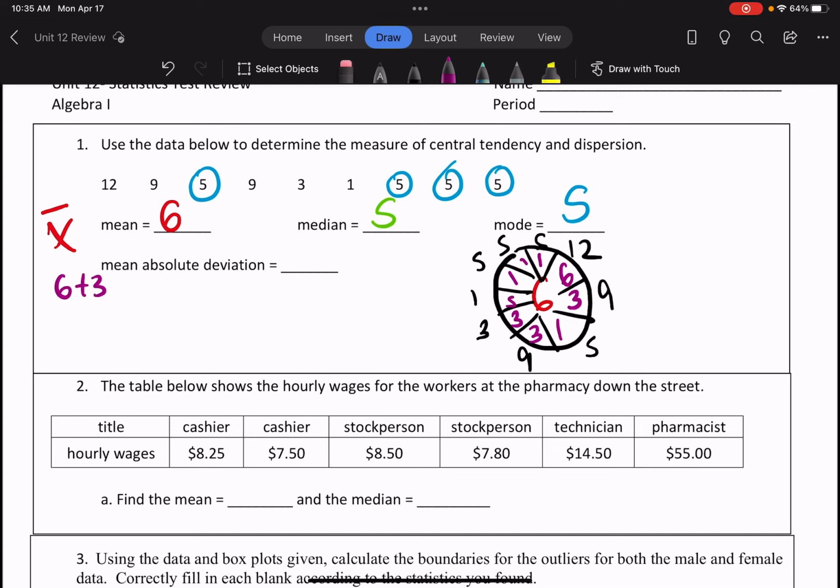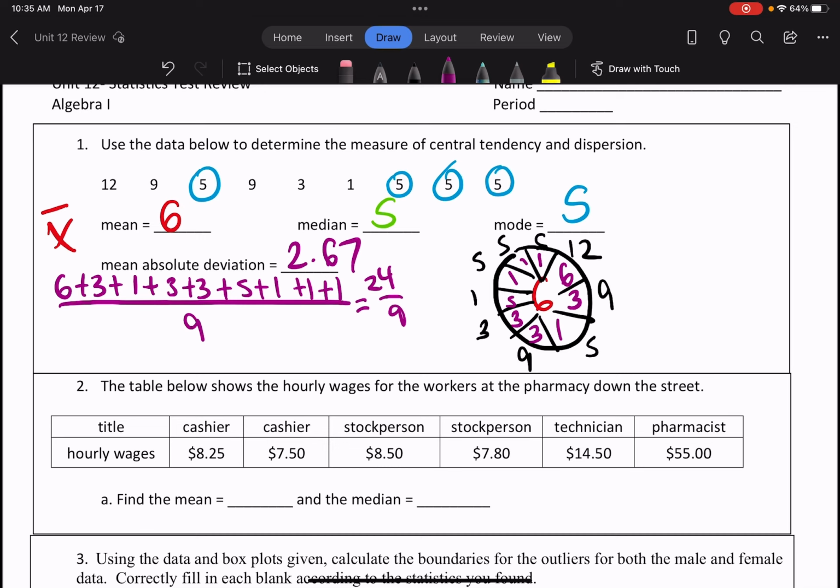So 6 plus 3 plus 1 plus 3 plus 3 plus 5 plus 1 plus 1 plus 1, and divide by the total number of values in this data table, which was 9. And I can enter this into my calculator. By doing so, this is going to give me 24 divided by 9, which is approximately 2.67. So this is saying that our data points are about 2.67 units away from each other.